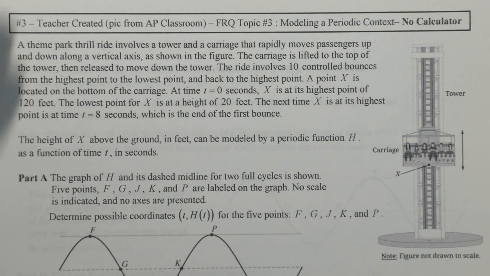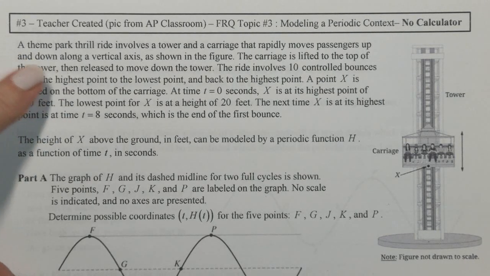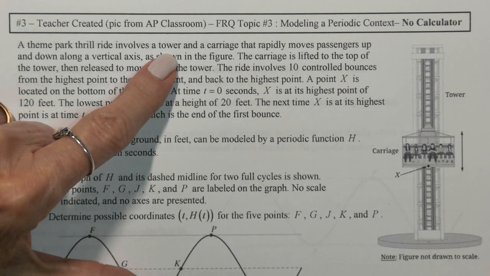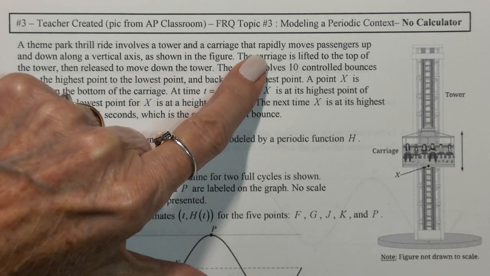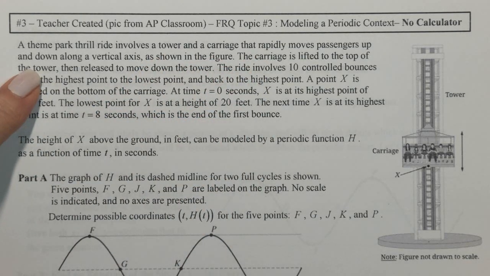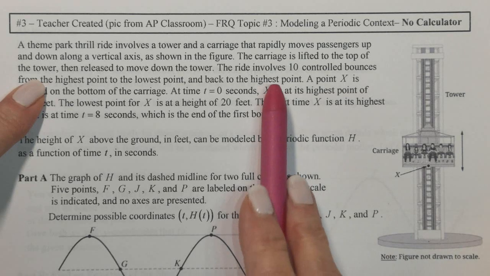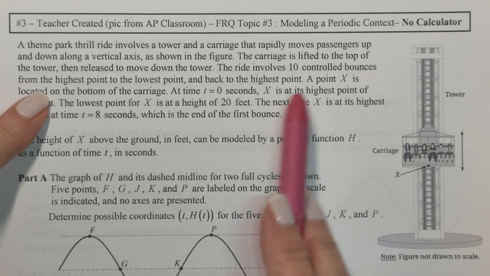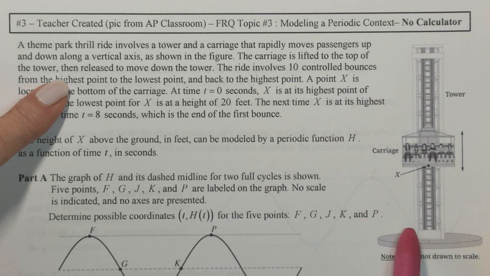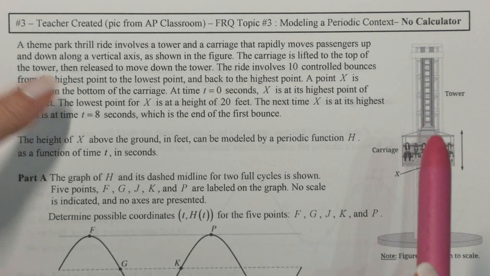For this one we have a theme park thrill ride. It involves a tower and a carriage that rapidly moves passengers up and down along a vertical axis as shown in the figure. The carriage is lifted to the top of the tower, then released to move down the tower. The ride involves 10 controlled bounces from the highest point to the lowest point and back to the highest point.